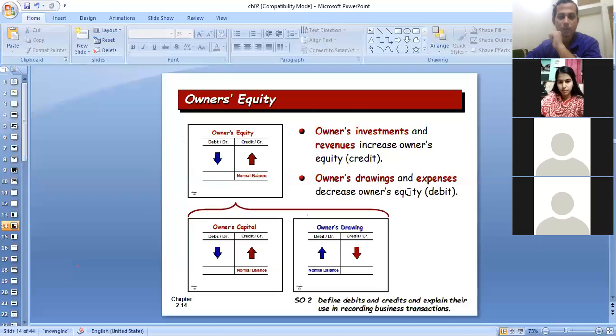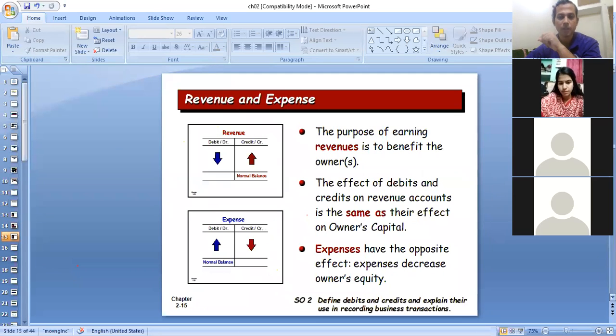And owner's drawings, debit. Can you remember ADX? In case of ADX, D means drawings. See here, the picture. Debit, okay? So expenses increase, debit. Expenses have the opposite effect. Expenses decrease the owner's equity.